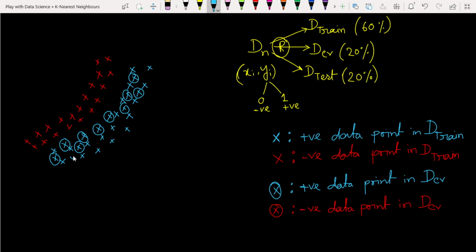Just bear with me, I will discuss everything step by step. First see the picture. This is a positive cross validation point, and this is a negative data point from the cross validation partition.